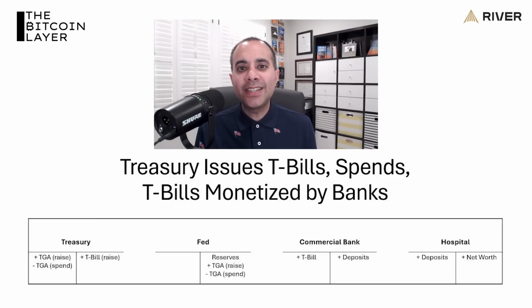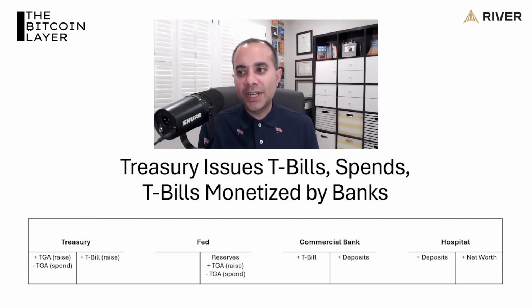So we don't need the Fed. That's why when the government borrows and spends, it's creating money. It is printing money because it's printing the deposit at the commercial banking system. And when there are more deposits in the system, that is more available money for people to spend that didn't exist before.